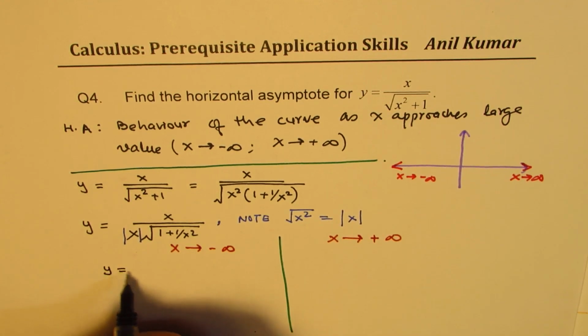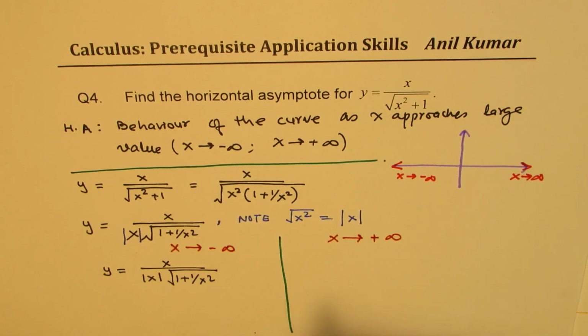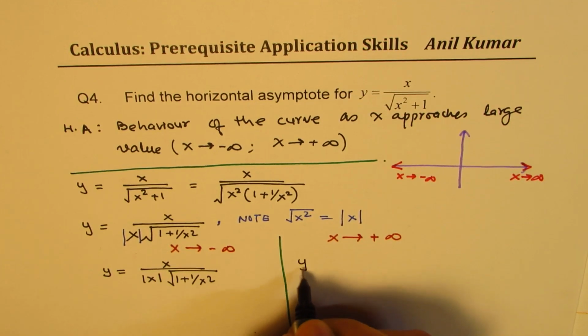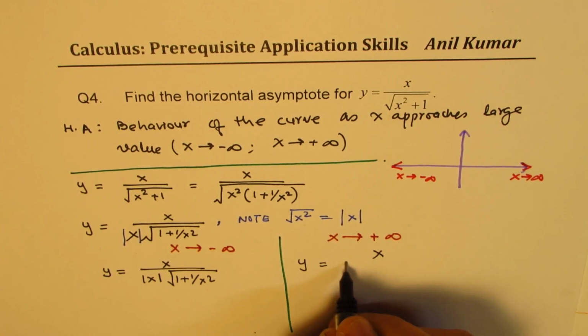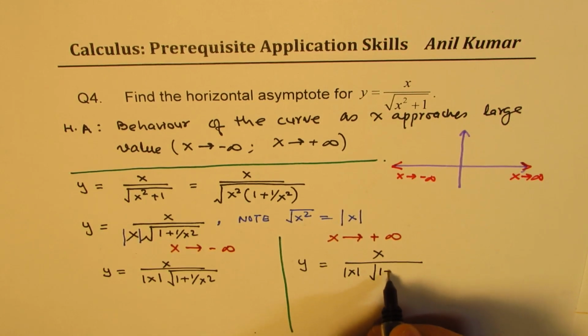So we have y equals x over absolute value of x times square root of 1 plus 1 over x squared. Here also we have y equals x over absolute value of x times square root of 1 plus 1 over x squared.